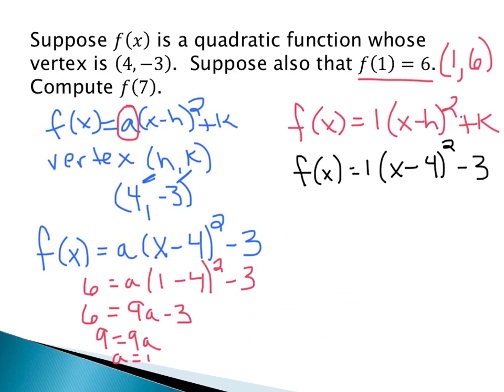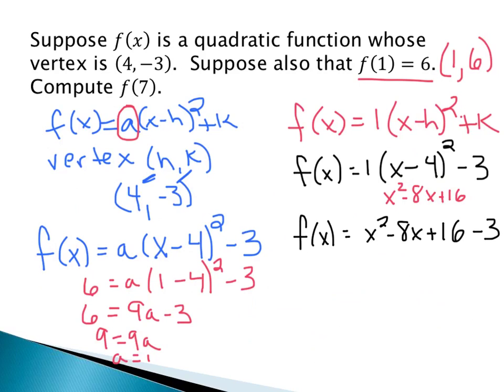So let's expand this x minus 4 squared. That's going to give us x squared minus 8x plus 16 because it's x minus 4 times x minus 4. That gives us f of x equals x squared minus 8x plus 16, and then that 3 comes along for the ride from here. And simplify, and you get plus 13.